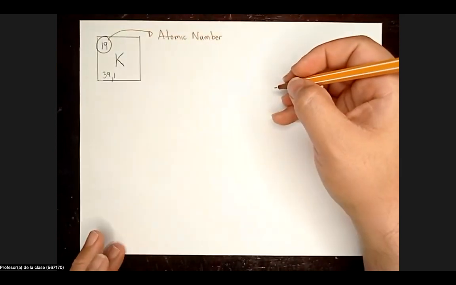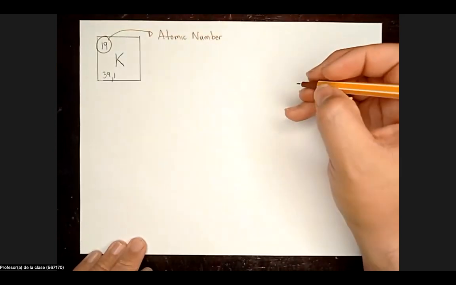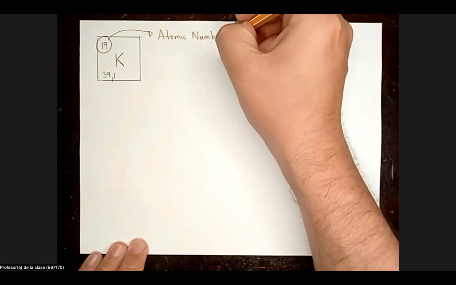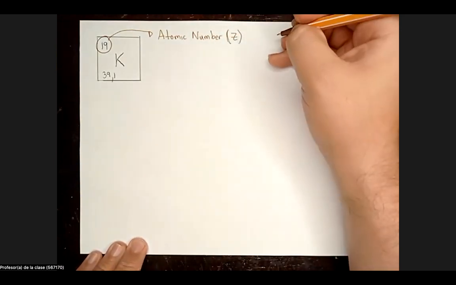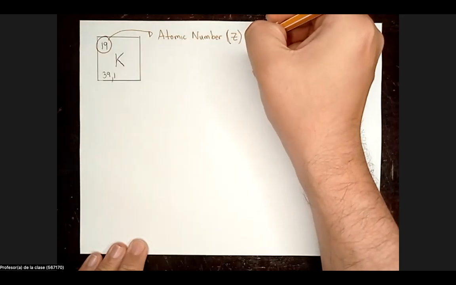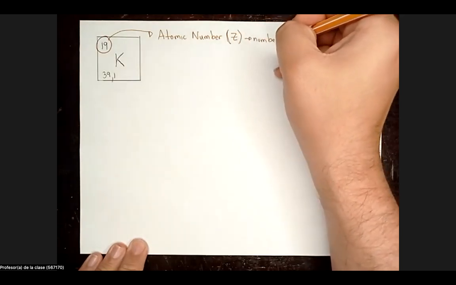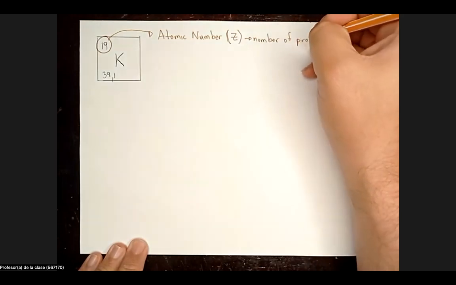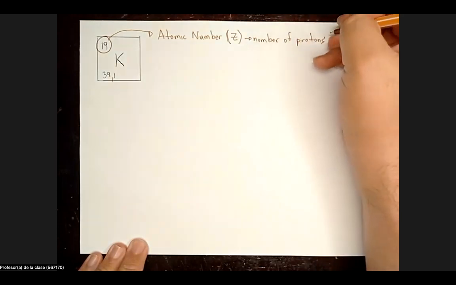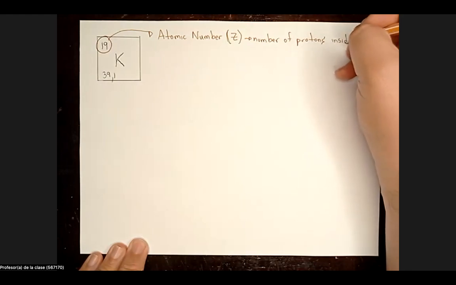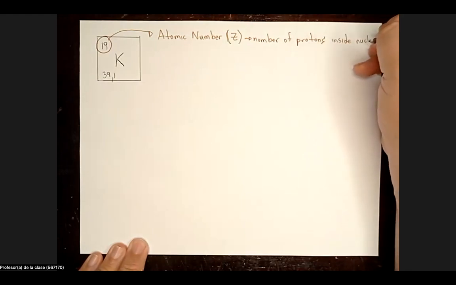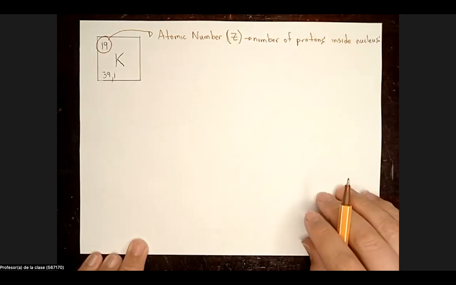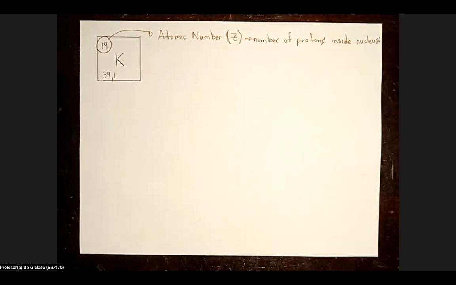The atomic number is represented by a Z and is the number of protons inside the nucleus. That's very important. Number of protons inside the nucleus. It is also the position of the element on the periodic table.